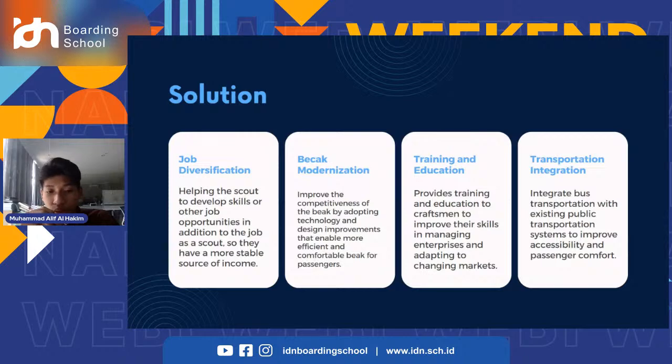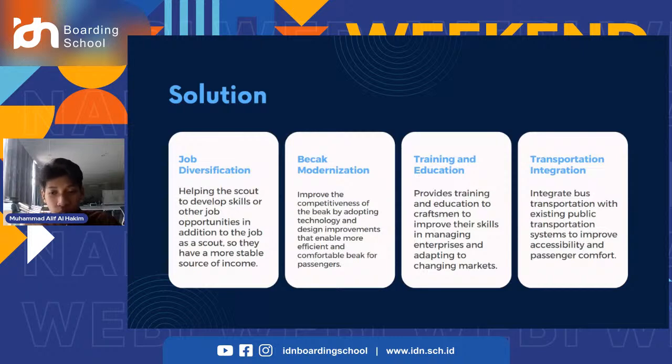And two, becak modernization: improve the implementation of the becak by adopting technology and design improvements to enable more effective and comfortable becak for passengers. And three, training and education: provide training and education to craftsmen to improve their skills in managing enterprise and adapting to a changing market.